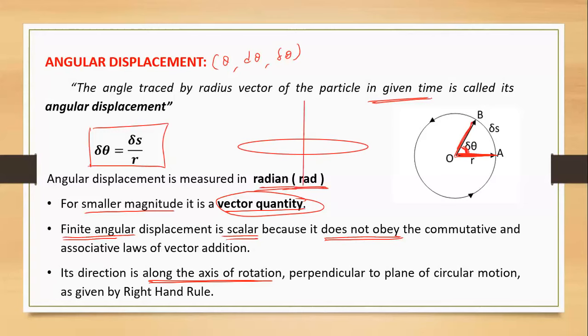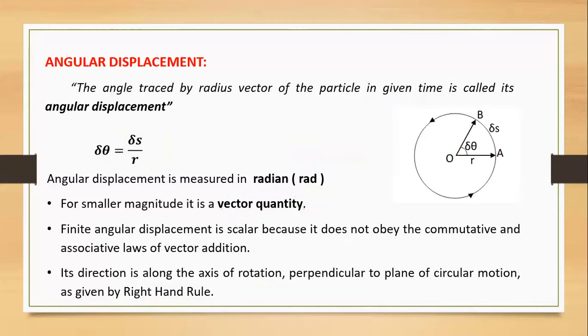Then this angular displacement is directed along this axis. So this is the direction. If it is moving anti-clockwise, then upward direction. Clockwise, then downward, by the right hand rule. Okay. So I hope you understood this angular displacement article.